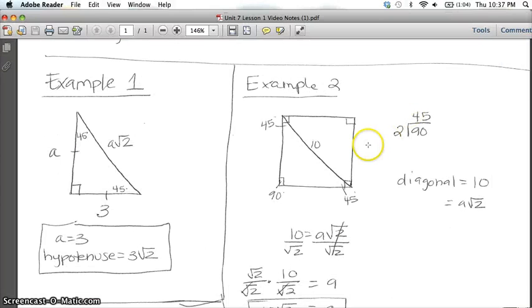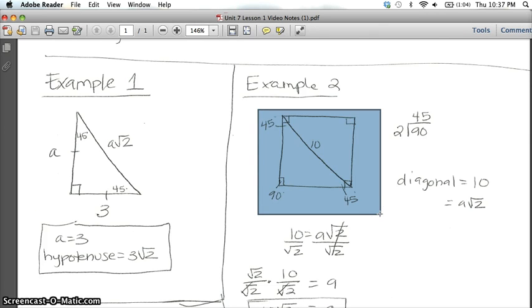Now, you need to know a little bit about squares. So I went ahead and drew a square right here, okay? First off, a square has all congruent sides. Second, the angles in a square are all right angles, so I went ahead and drew those in for you.